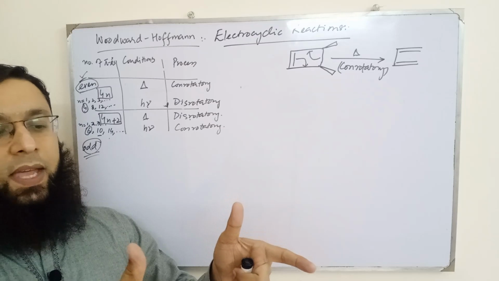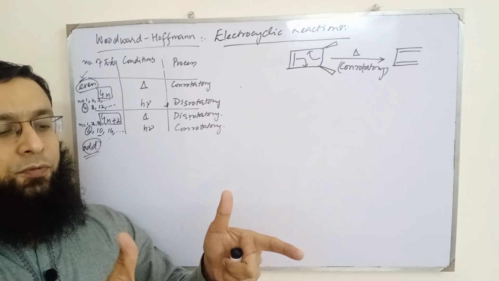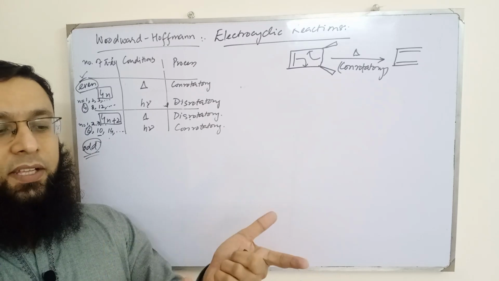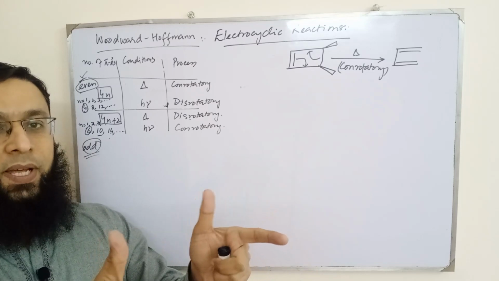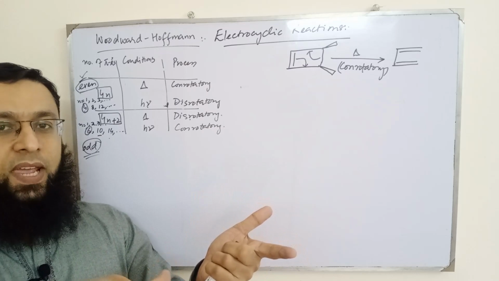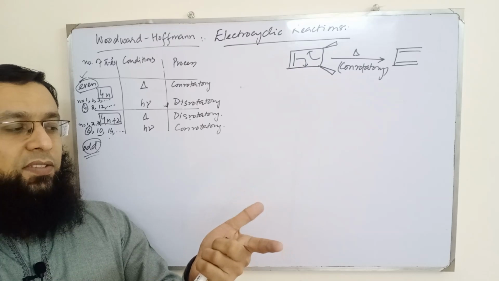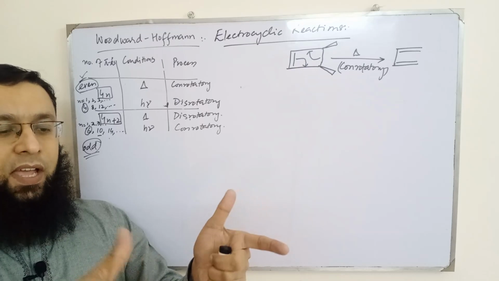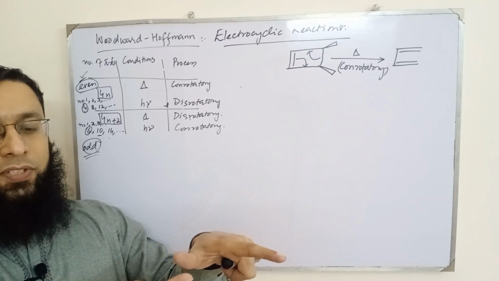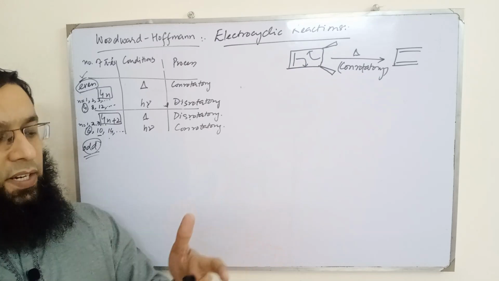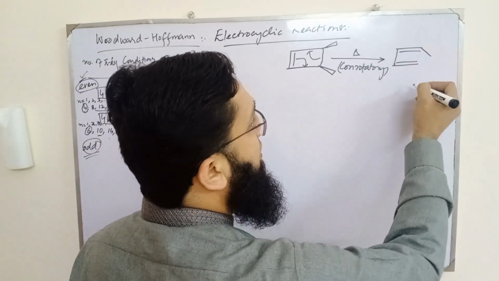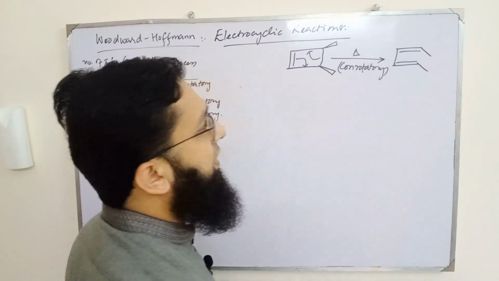It means that both methyl groups would rotate in the same direction. If we rotate it like this, both move in the same direction, which is counterclockwise. So one is coming inside of the diene and one is coming on the outside of the diene. And if we rotate it clockwise, again one is coming outside and one methyl is coming inside. So we can now write the stereochemistry: this is inside, this is outside.